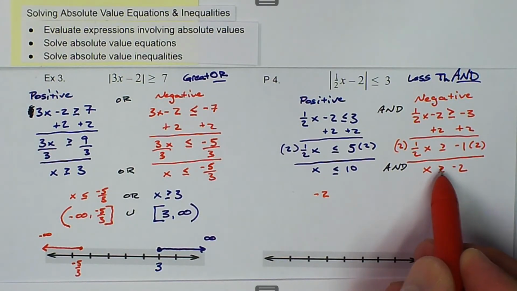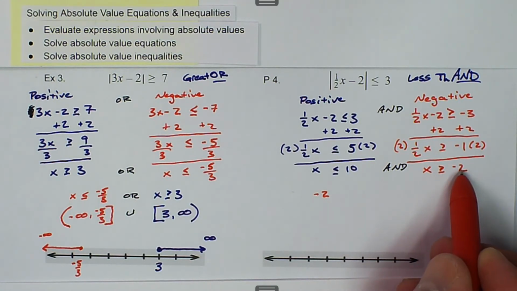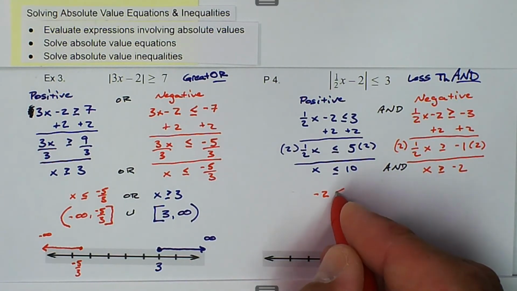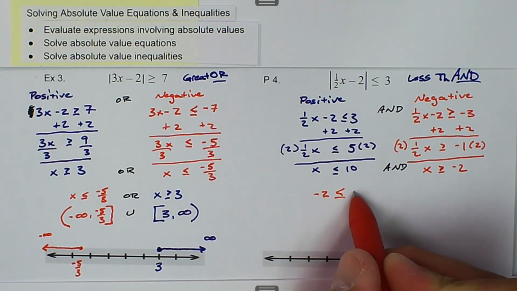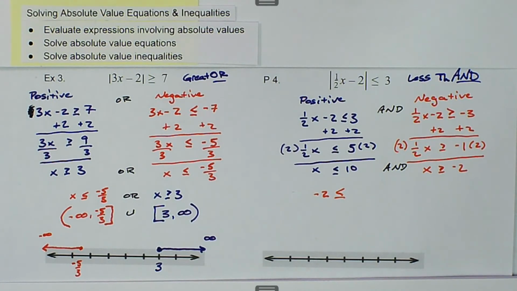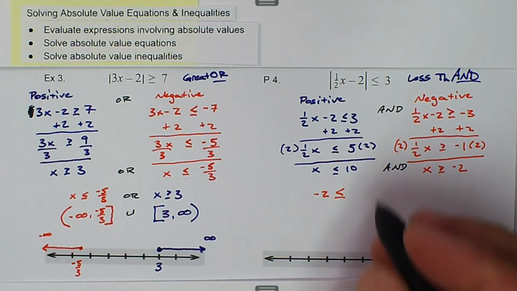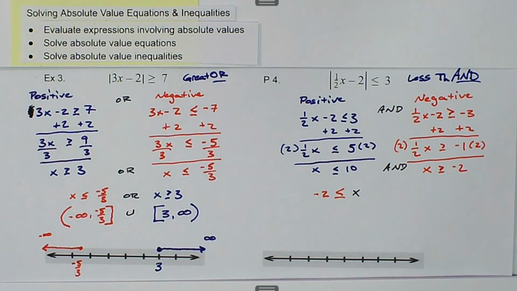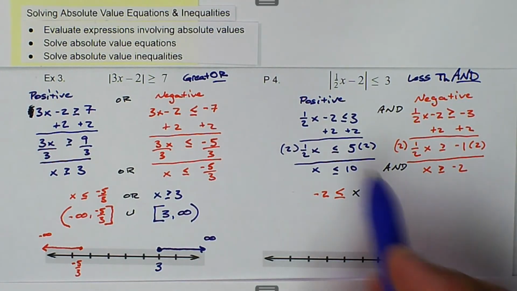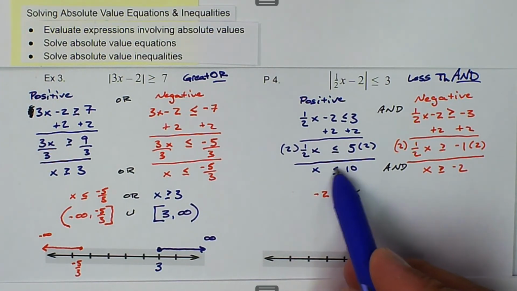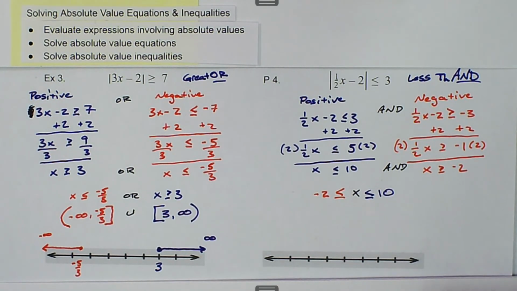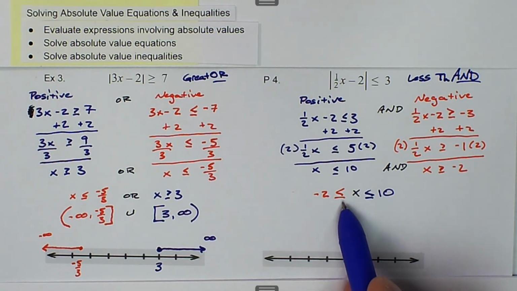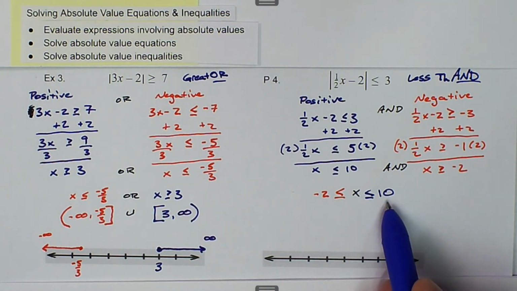One way we can do it is we can just remember to flip it, or we can remember that the small arrow has to point towards negative 2, so that means the opening has to point to x. And then this one is all set up right because the x is on the left, so we don't have to do anything with the sign there. Then we're all set. Negative 2 is less than or equal to x and less than or equal to 10.